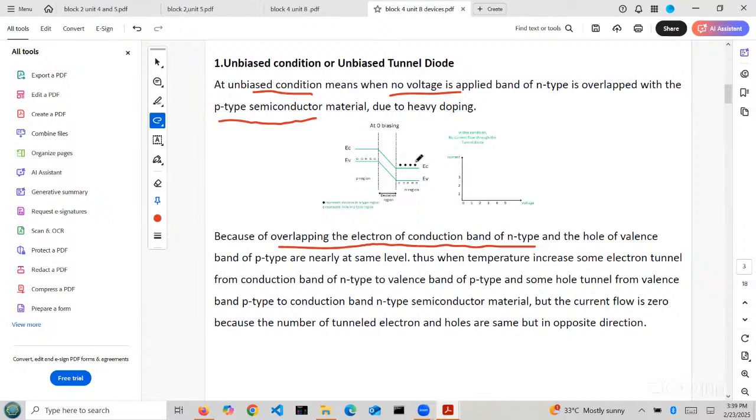Here in the conduction band, we have electrons moving towards here. Holes of valence band of p-type are nearly at the same level as n-type material. As temperature is increasing, what happens? Conduction band of n-type will overlap with the p-type material. No current is flowing here. Initially very near, easily recombining.